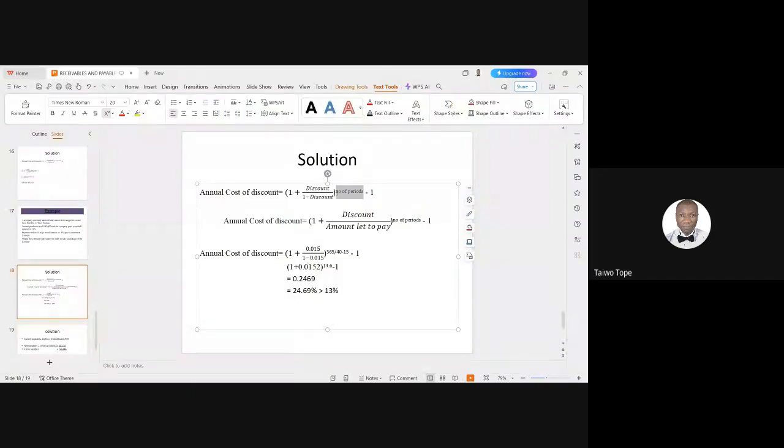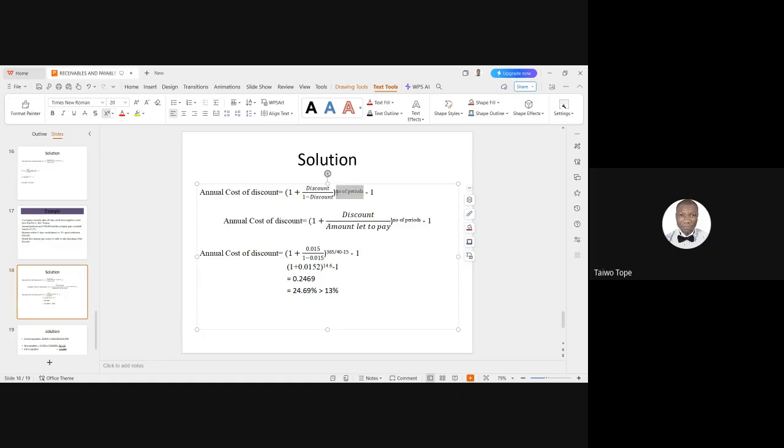Some questions will give you in weeks, that is 52 weeks. Some questions will give you in months. So we have to be very careful about that aspect in the formula. So the number of periods can be 365 days, it can be 52 weeks, it can be 12 months. So let's take note of that.